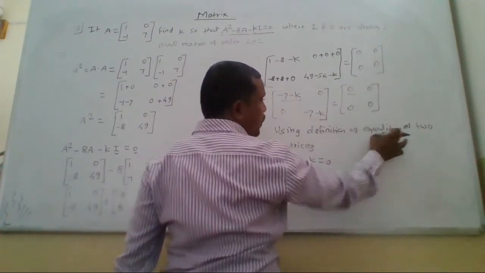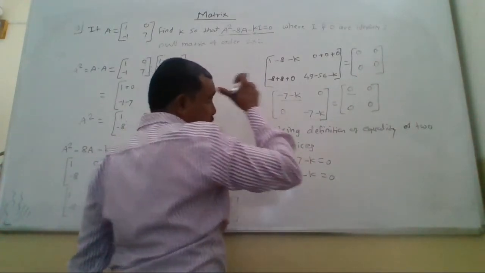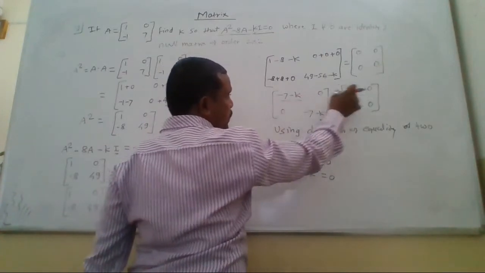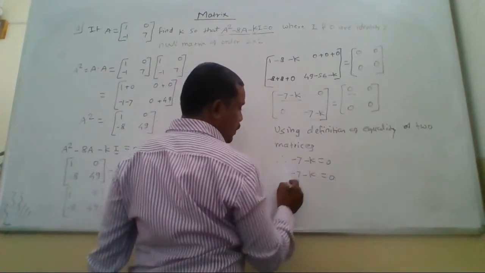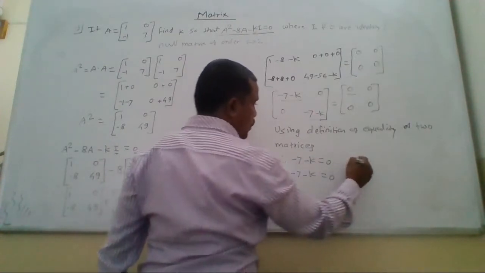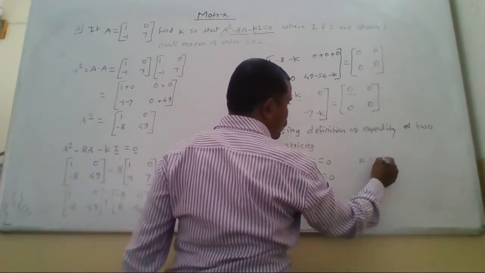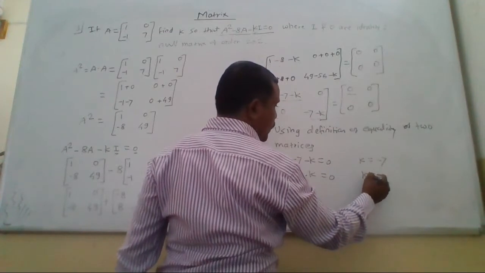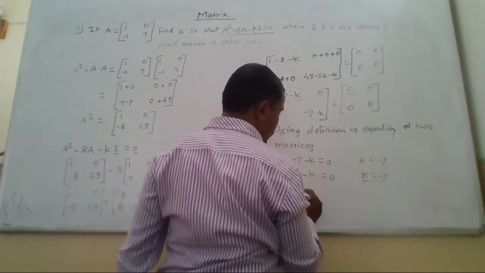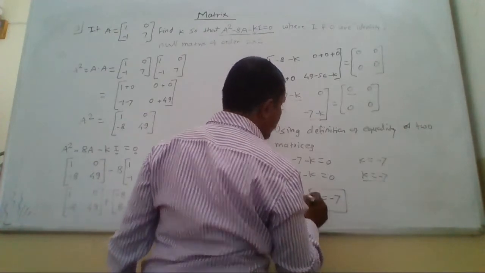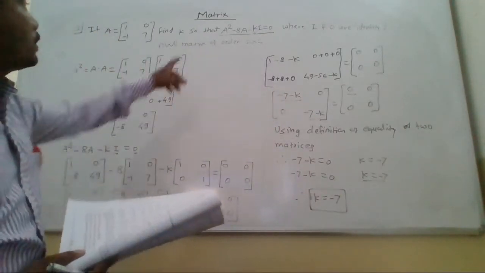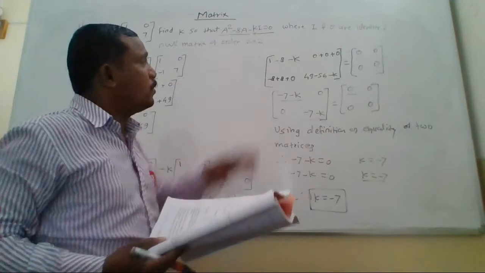Corresponding elements of the left side matrix and right side matrix are equal. So therefore K equal to minus 7, here also K equal to minus 7. So the last answer is K equal to minus 7. Using this equation we have to find the value of K.